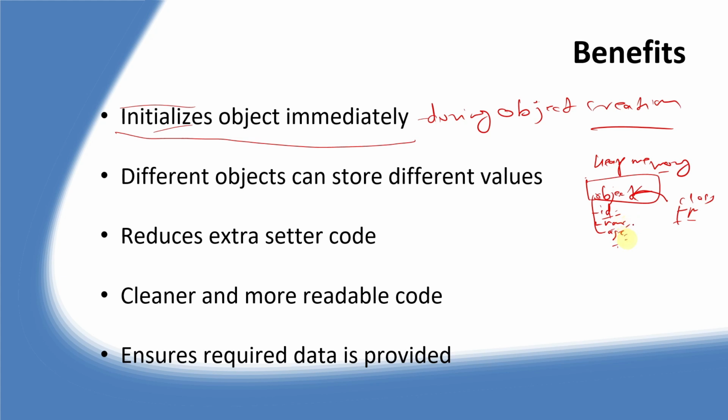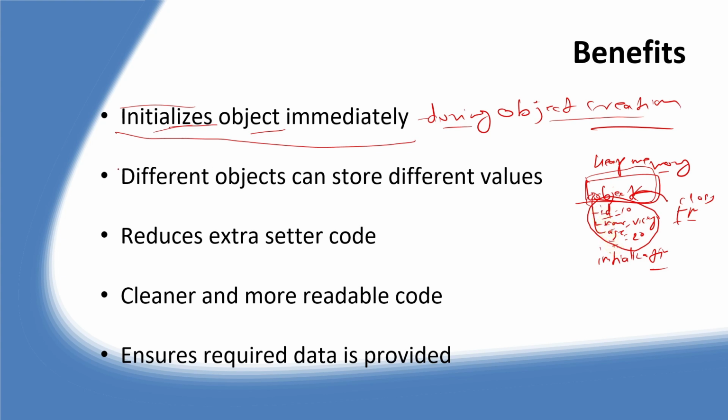Initialized means they will be assigned some values. This assignment of values to the properties of the object is known as initialization. So it is telling that it initializes the object during object creation: when the object is getting created in the heap memory, at the same time values are getting assigned to the properties of the object.